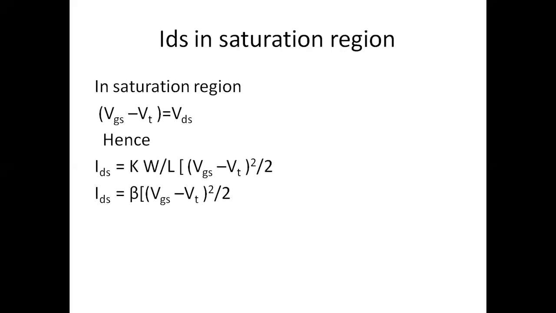In saturated region, VGS minus VT is equal to VDS, and hence IDS is equal to KW by L times VGS minus VT whole square by 2, and that is equal to beta times VGS minus VT whole square by 2.